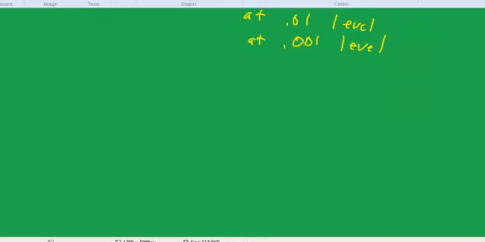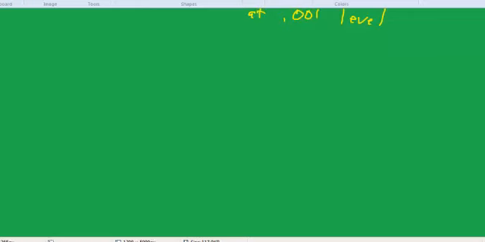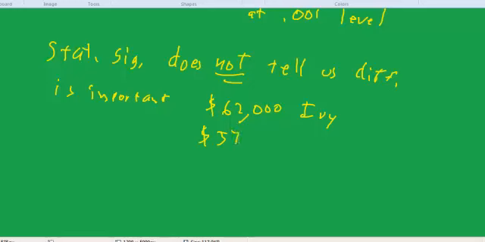So what does statistical significance tell us? One thing it does not tell us is that the difference is important. What we said was that there was this $62,000 mean for the Ivies and $57,000 for state schools.